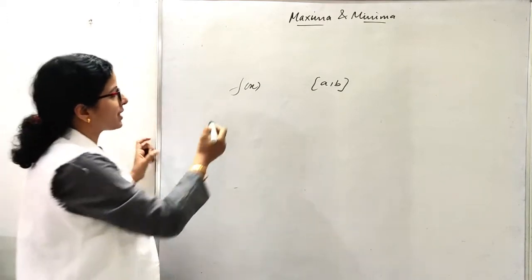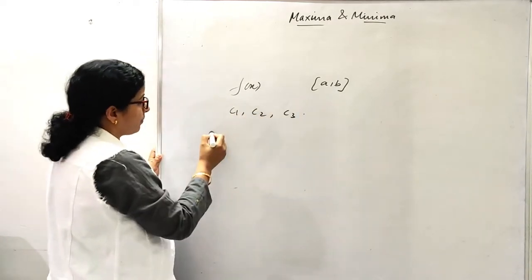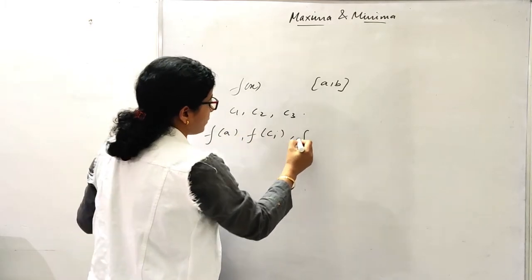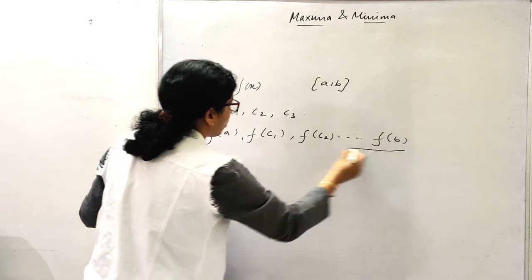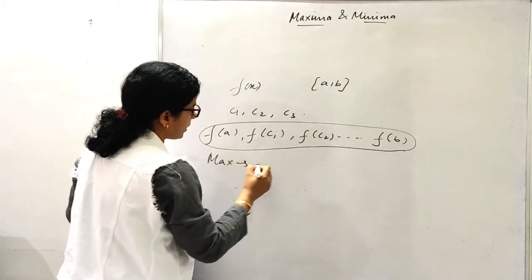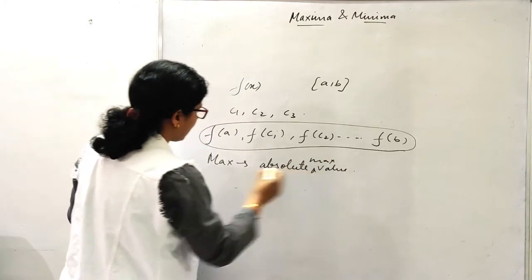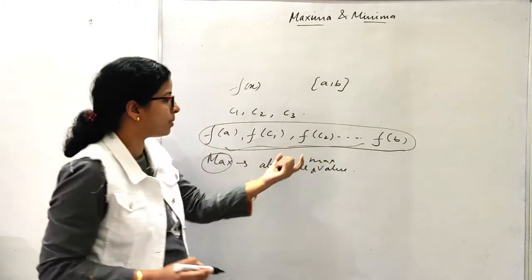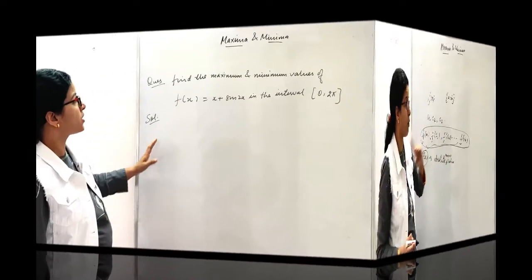Say my stationary points are c1, c2, c3, and then we will calculate f(a), f(c1), f(c2) and so on, and f(b). Out of these, whichever value is maximum will give me the absolute maximum value, right? And whatever is the minimum value out of these will be my absolute minimum value. Is that clear?